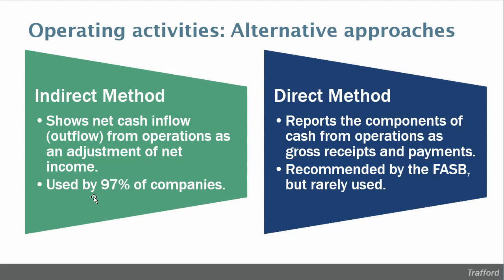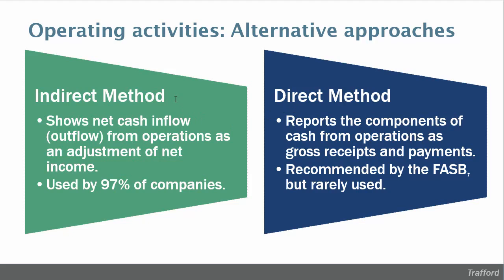Now, why is the indirect method the one that's used by such a majority of companies? Well, when FASB made the rules, they actually stated that they preferred that companies use the direct method for their financial statement reporting purposes. But they also required that any company that used the direct method for the operating activity section of the statement of cash flows also needed to show the indirect method of computing operating cash flows as a footnote disclosure.